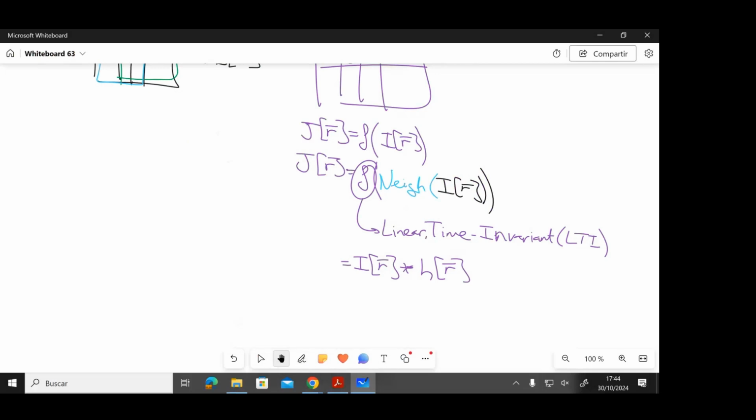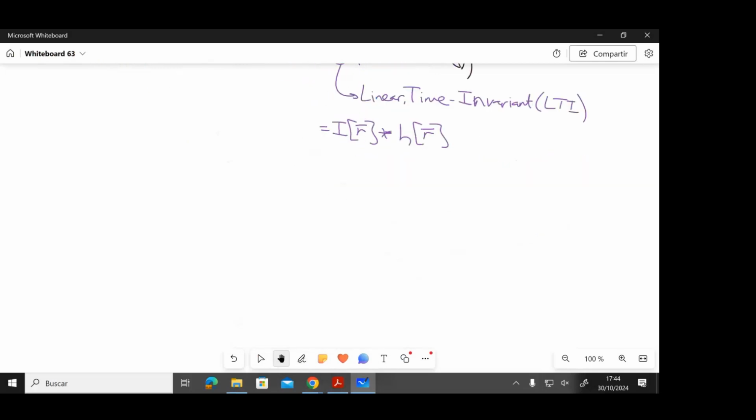Okay, so let's define convolutions in one dimension. Let's say that you have an input signal x[n]. You go through the kernel, and you produce an output.